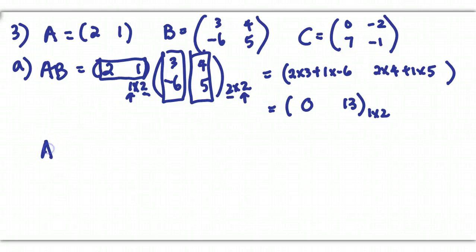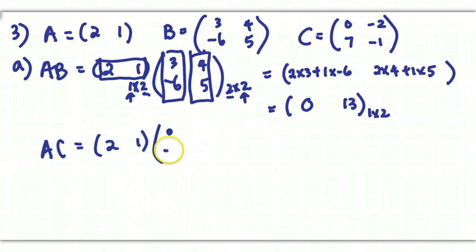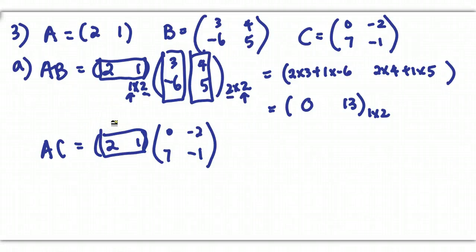Right, next you're asked to find AC, so we repeat the steps again. AC. We know that the size is the same, so you should get a 1 by 2 matrix. Again, divide the first matrix into row, second matrix into column.